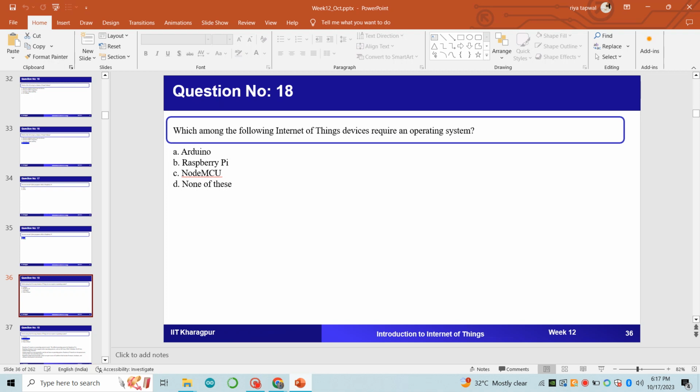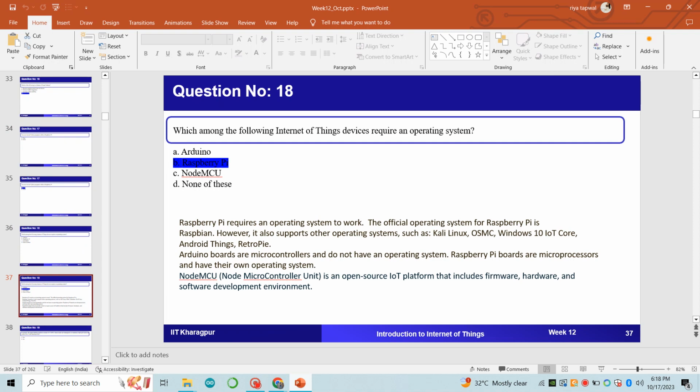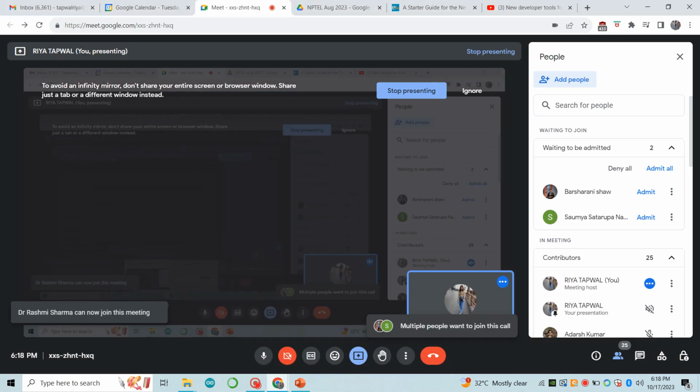No, B. Okay, anyone else? It's B, Raspberry Pi, because the operating system which is officially used is Raspbian. However, you can use other operating systems also, for example Kali Linux, OSMC, Windows 10 IoT Core. There are various others also.